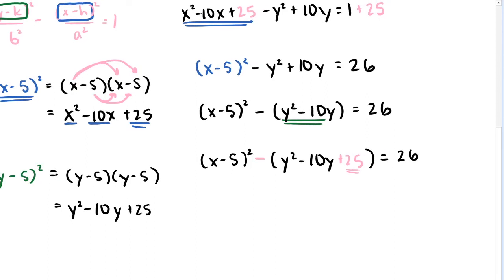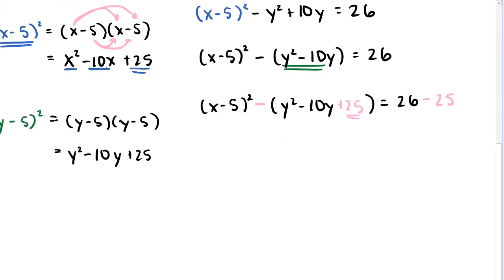There's this negative sign outside of the parentheses that would be distributed into this 25. So although I've written plus 25 here, this is really minus 25 on the left-hand side because there's that negative sign outside the parentheses. And so to do the same thing on the right side of the equation, I need to also subtract away 25. And now we're really in the clear.